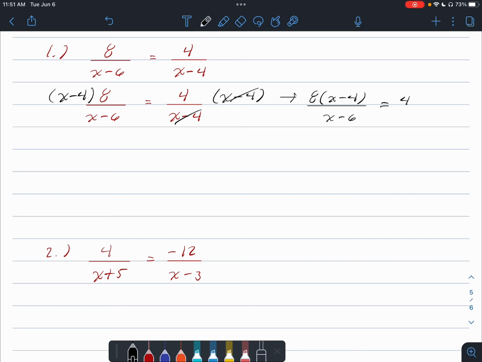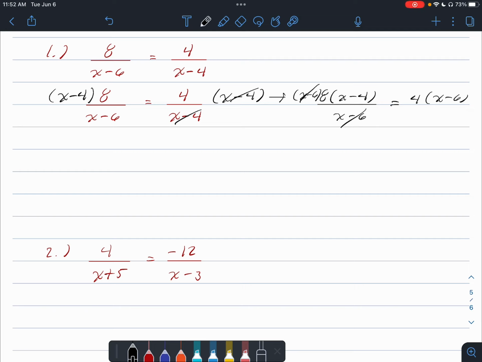And so now what we can do is we can actually multiply both sides of this equation by x minus 6, okay? And in doing so, this x minus 6 will cancel as well, okay?